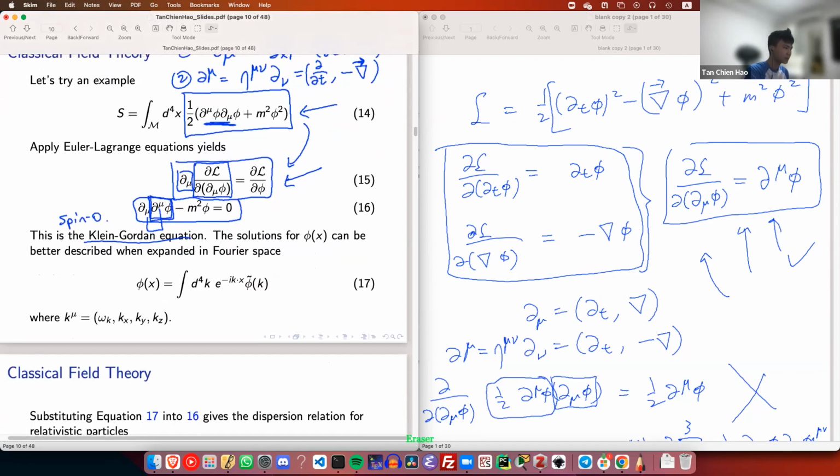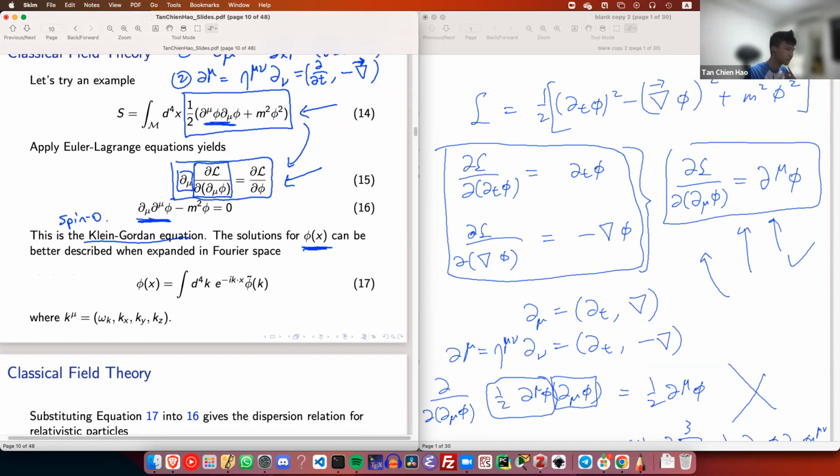So something nice about this is that whenever we have such an equation where we take derivatives, it is convenient to express the field phi in Fourier space.